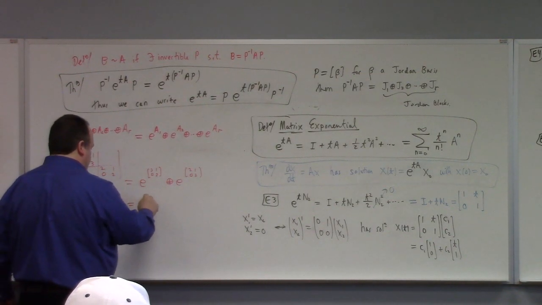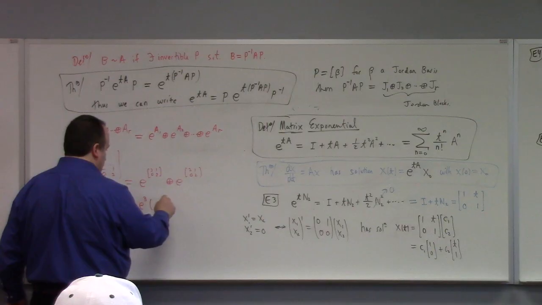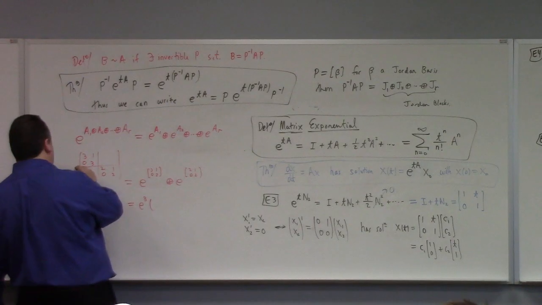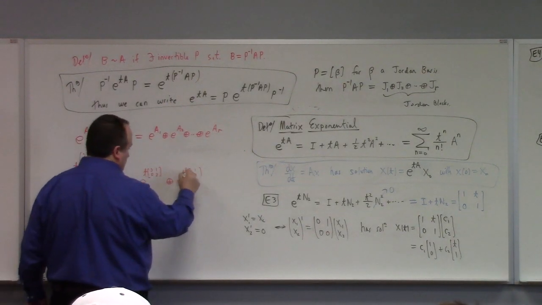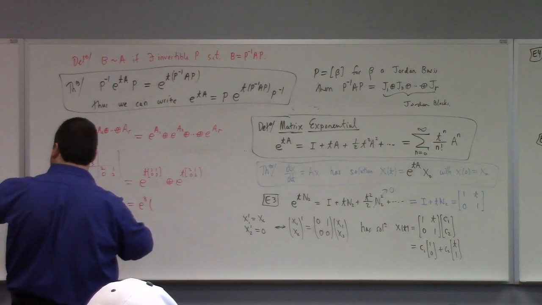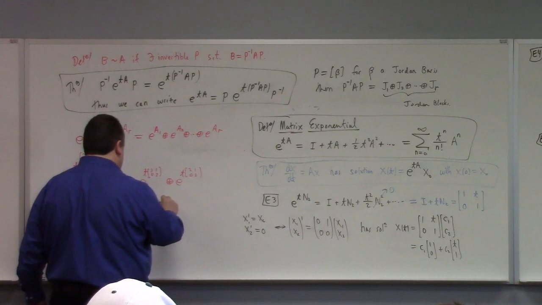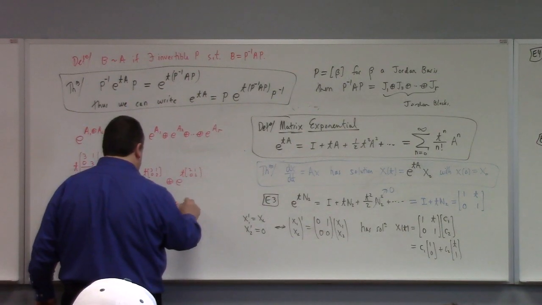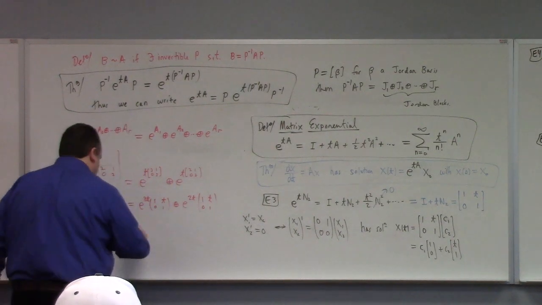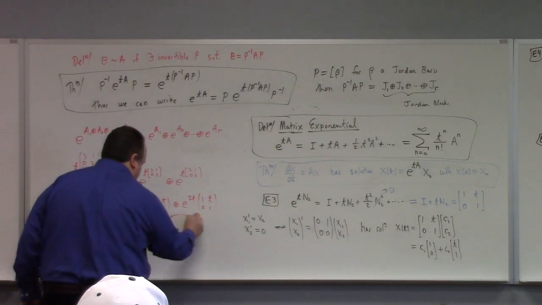But this, by my other calculation, is e to the 3t times [1 t; 0 1], direct sum e to the 2t times [1 t; 0 1]. Let me put a t here to make it match the other thing. Explicitly, this is a 4 by 4 matrix.